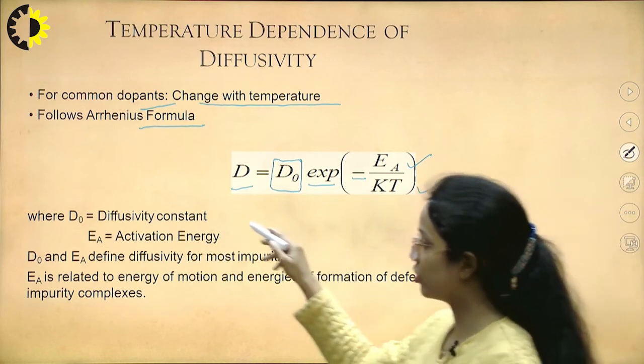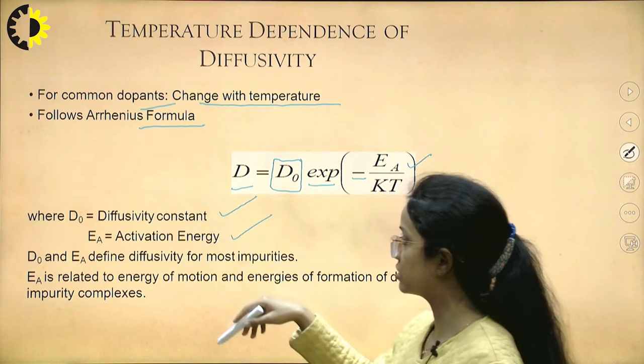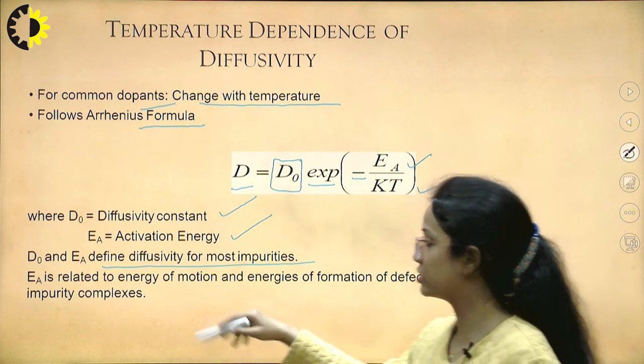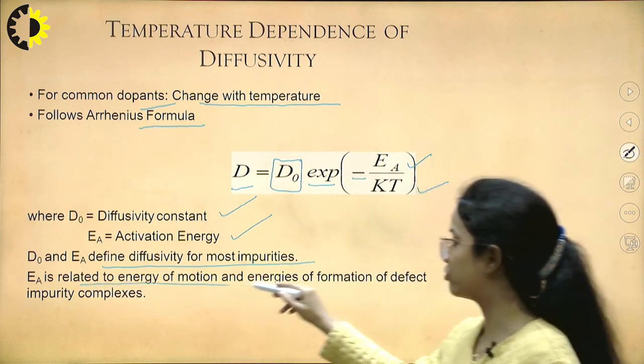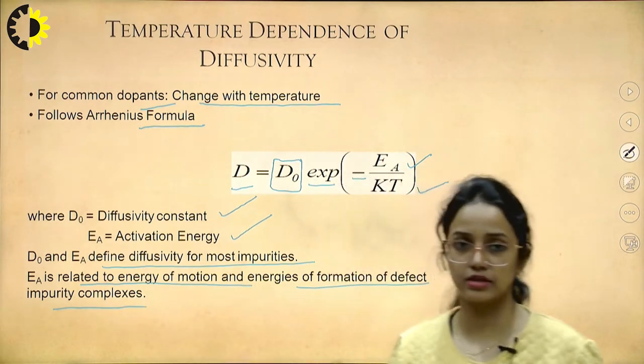Here D naught is the diffusivity constant, EA is the activation energy, and D naught and EA define diffusivity for most impurities. EA is related to the energy of motion and the energy of formation of defect-impurity complexes.